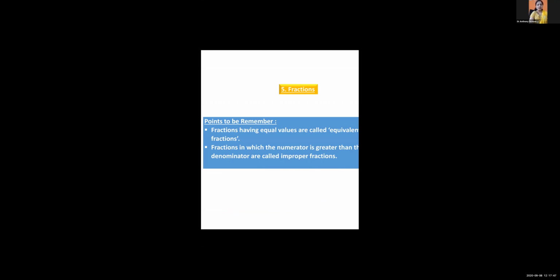If we are dividing, that time also we are getting the same value. Now we have seen the division, now we will see the multiplication. 1 upon 2, then 2 upon 4, and 4 upon 8.